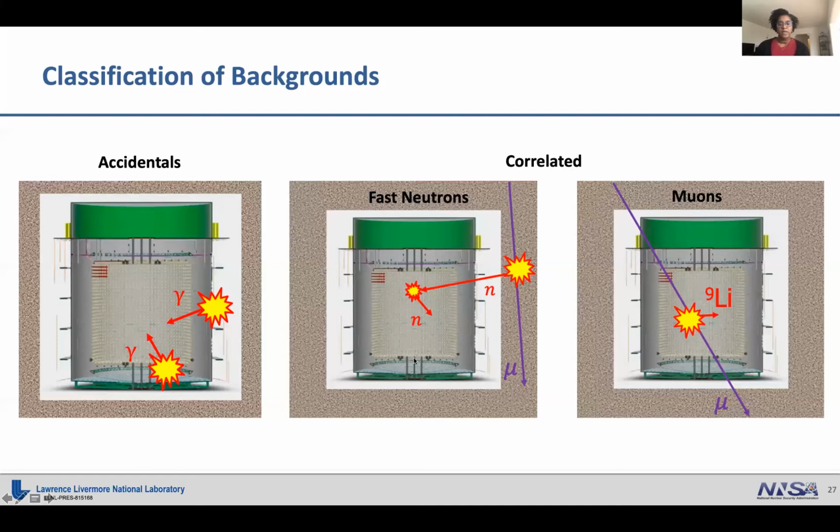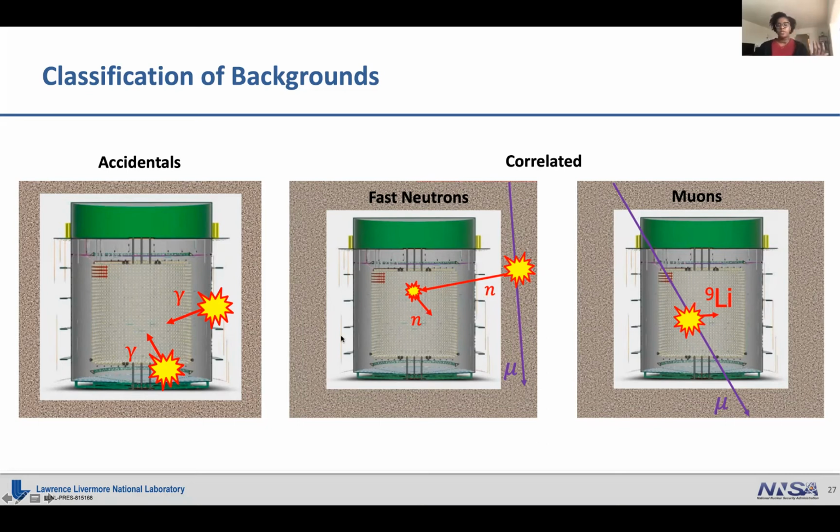Additionally, we're going to have contributions from muogenically induced fast neutrons. And we call these correlated backgrounds in the sense that you would have a muon that will go through the rock that surrounds the cavern and the location in which your detector exists, and it's going to make really high energy neutrons. And so you might see those neutrons if they interact within your detector, where the neutron can interact with oxygen and knock off more neutrons.